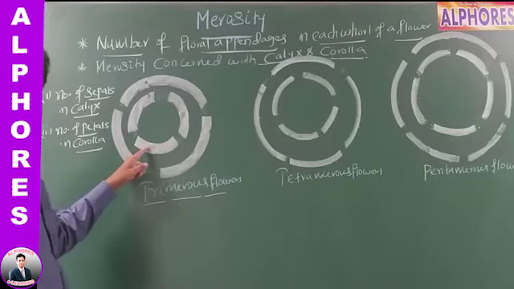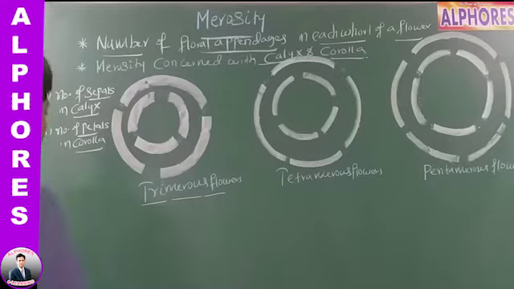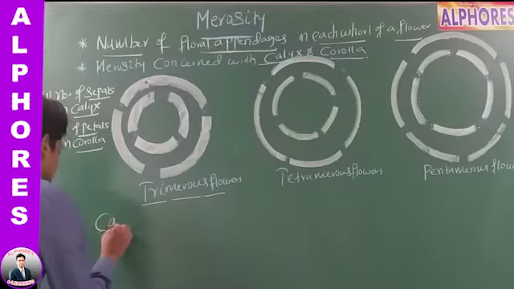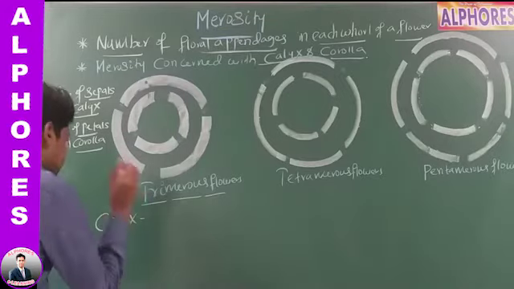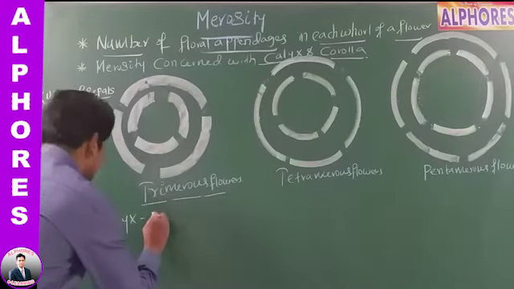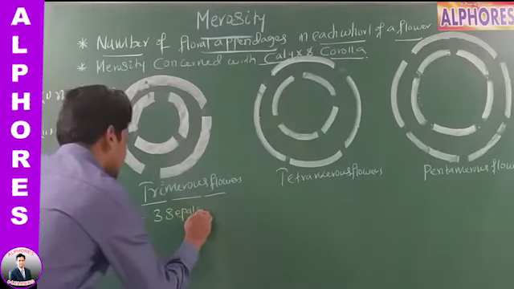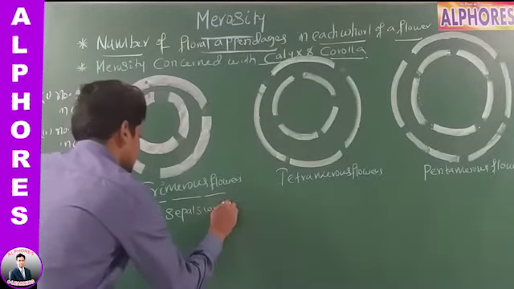Which flowers are we discussing? Trimerous flowers. Therefore, in trimerous flowers, calyx contains 3 sepals or multiples of 3 sepals.